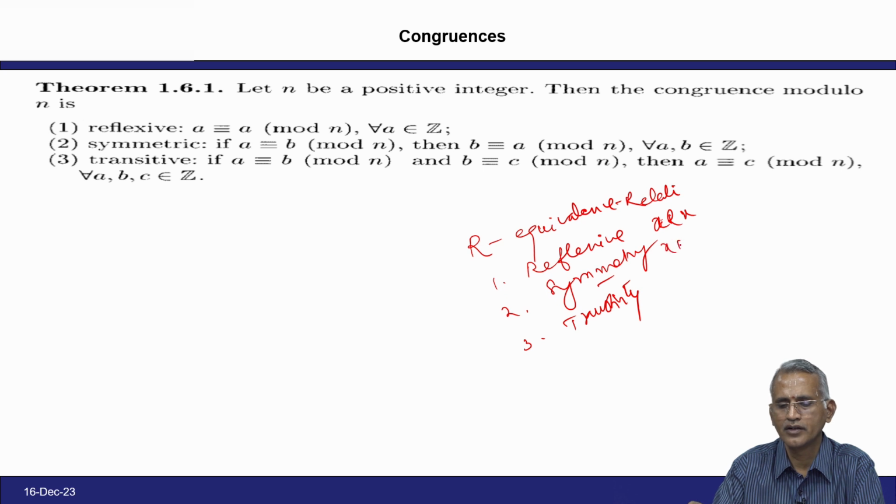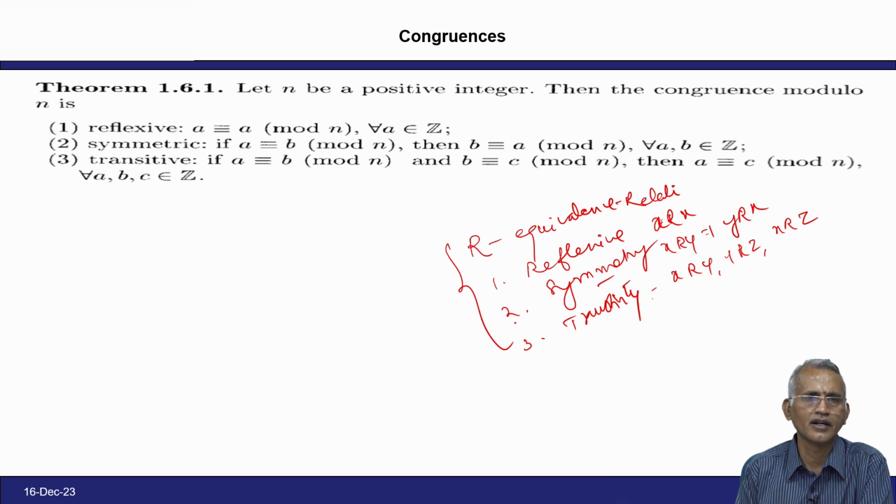Symmetry means x related to y implies y related to x. Transitivity means if x is related to y and y is related to z, then x is related to z. If it satisfies these three conditions, then it is said to be an equivalence relation. Keep this in mind.